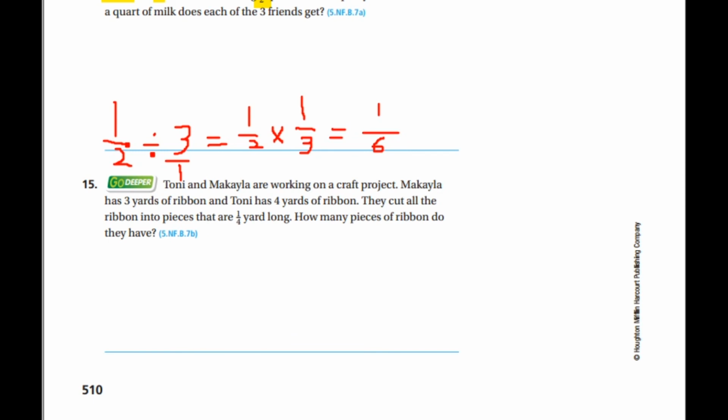Tony and Makila are working on a craft project. Makila has 3 yards of ribbon and Tony has 4 yards. So Makila has 3 and Tony has 4 yards. They cut all.